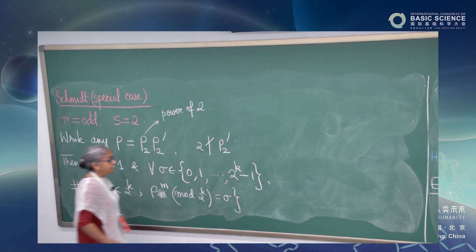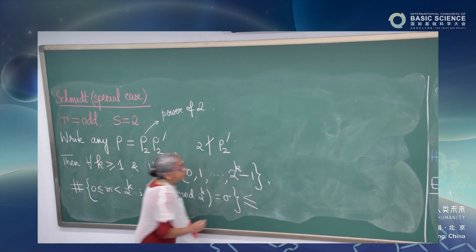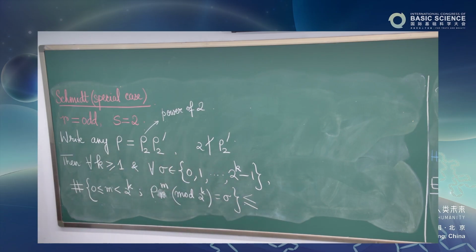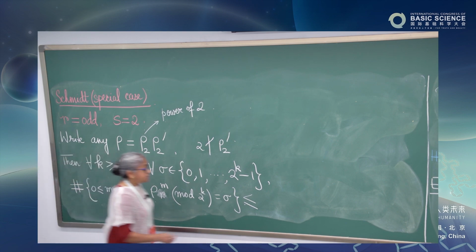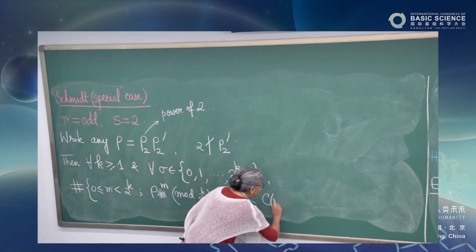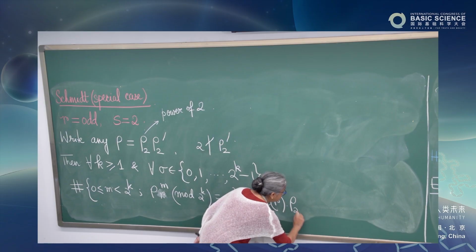This number is bounded above by something that is, as I said, going to be roughly the same, and it's a constant that depends only on R times rho.